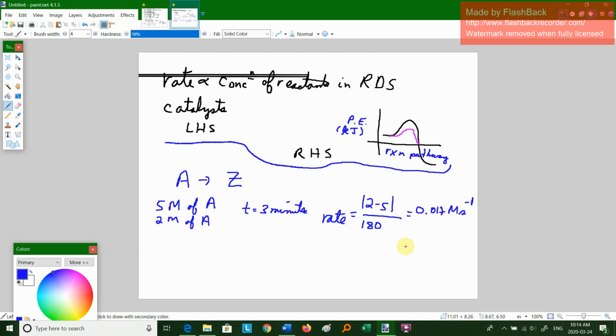Then we got talking about collision theory, here I'm looking at page 13. We talked about effective versus ineffective collisions.